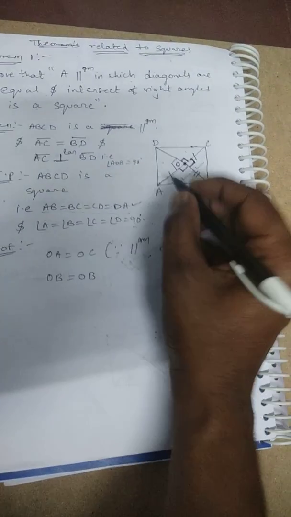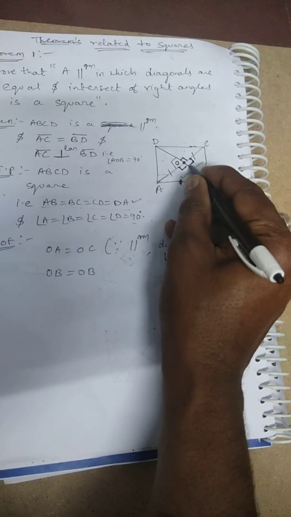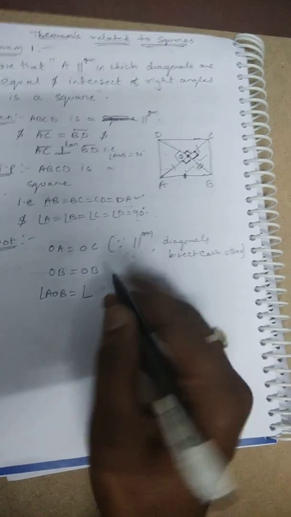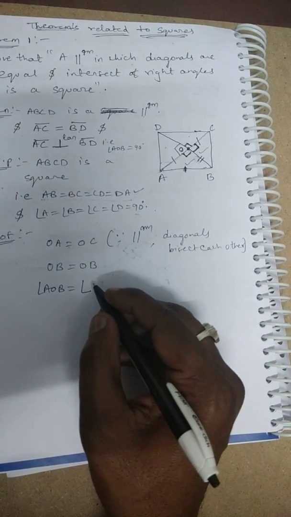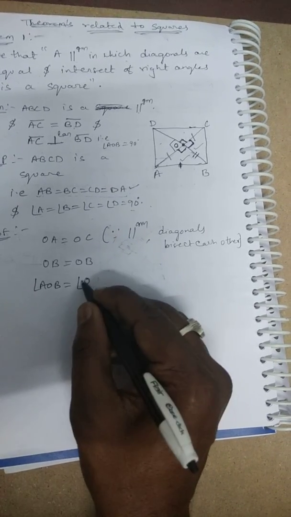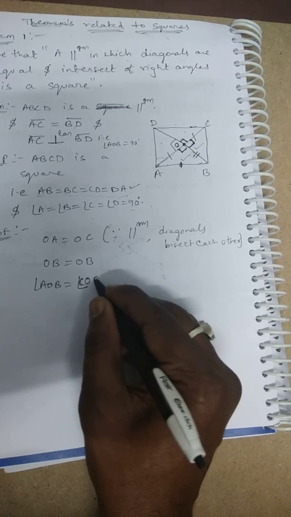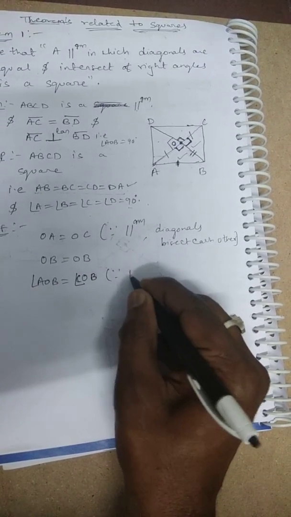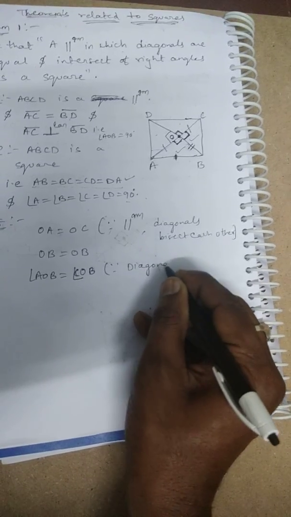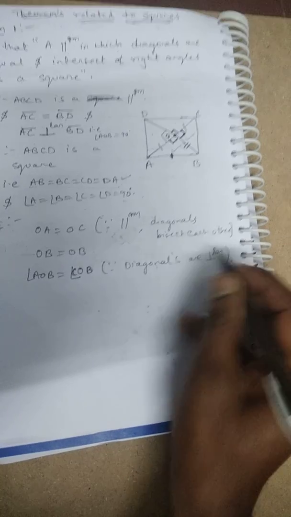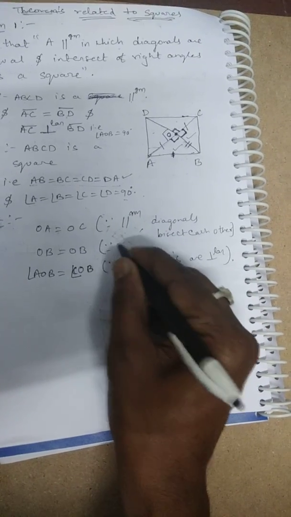And this angle is 90, this angle is also 90. Angle AOB is equal to angle COB, since diagonals are perpendicular, so that angle will be 90 degrees.